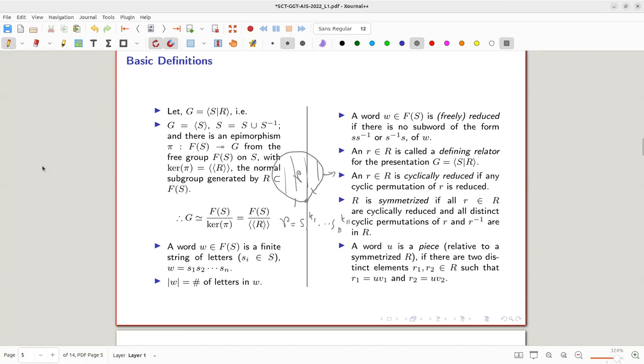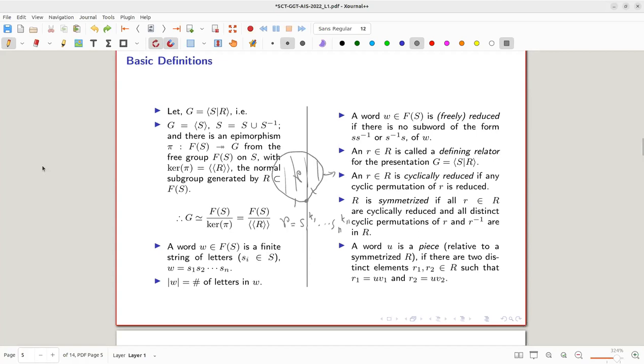So that means the subword U figures in two distinct relators, or in distinct ways.